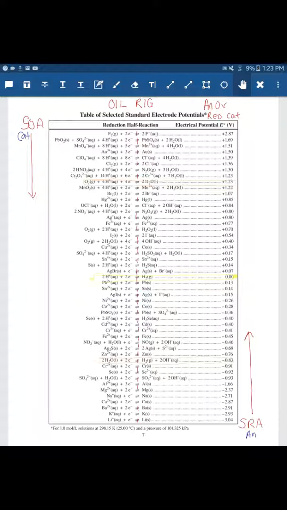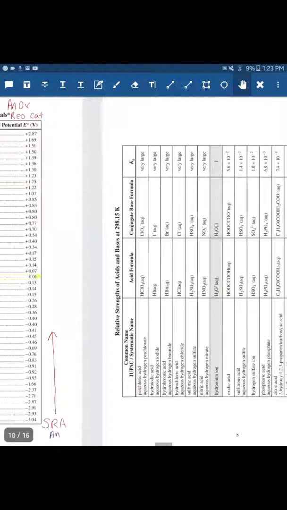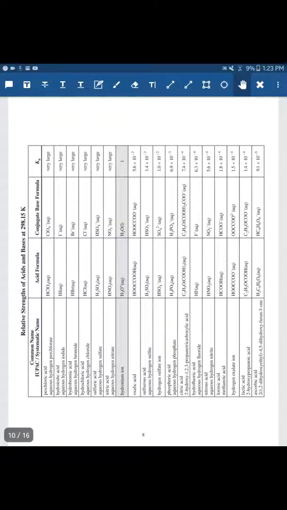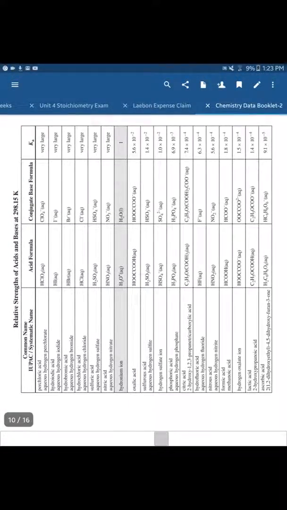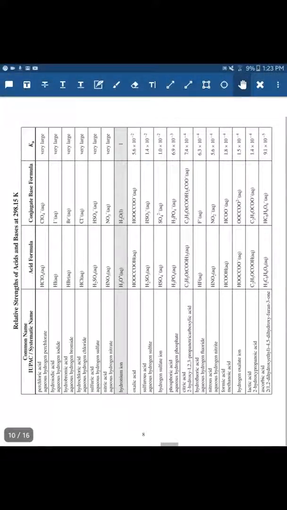All right, so let's take a look at our next page. I'm going to see if I can maybe turn it. Doesn't exactly look like I can flip this page.